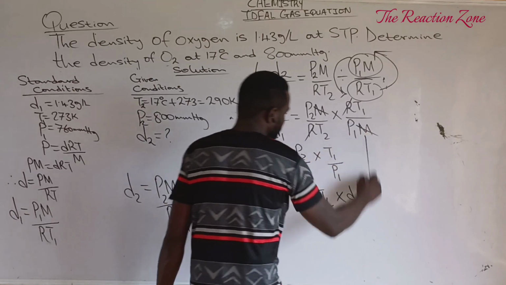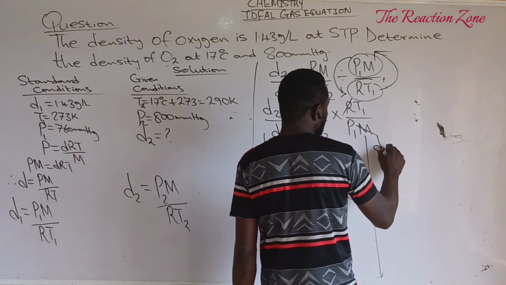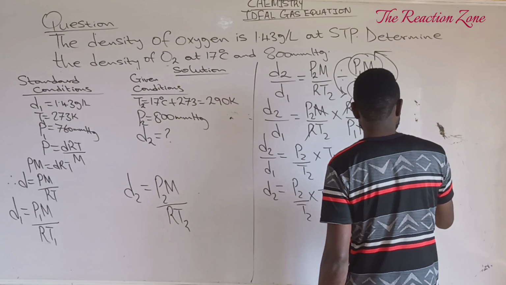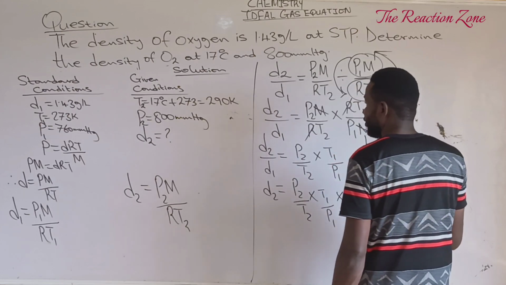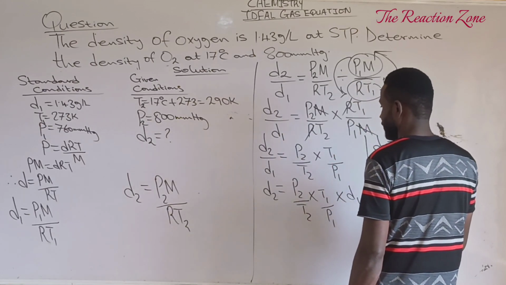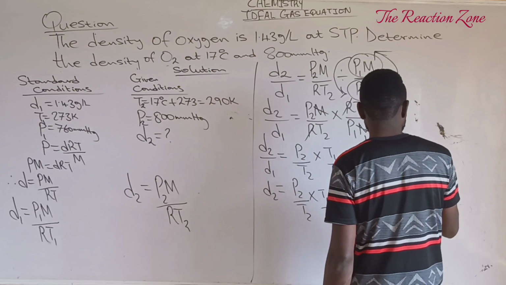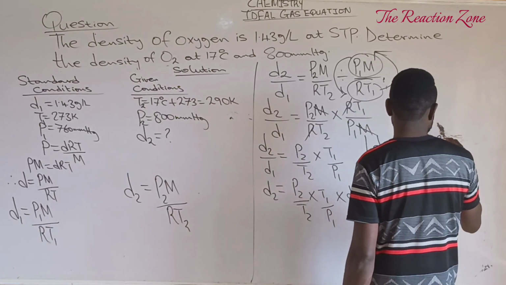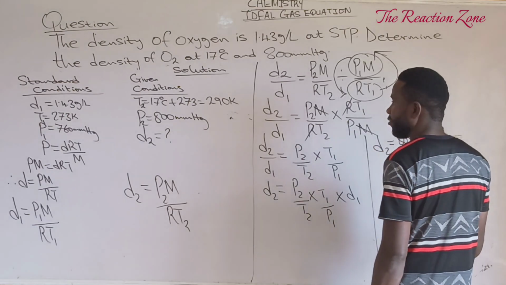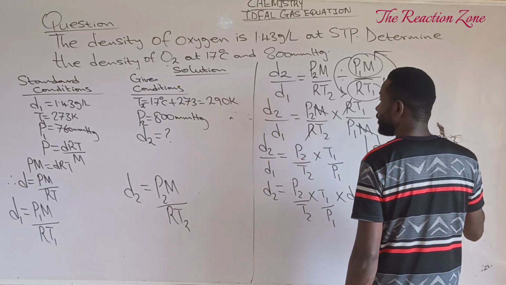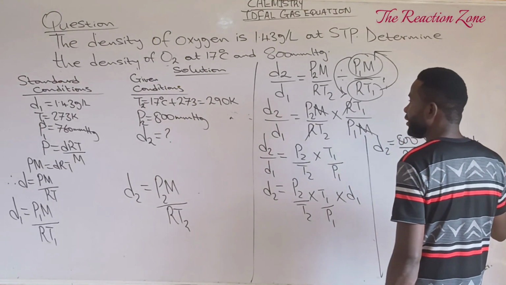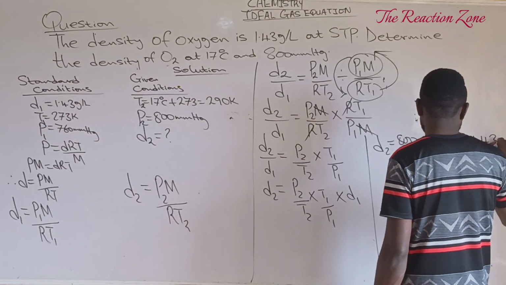So inputting all the parameters, what will we have? We will have D2, which is what we're looking for, equal to the value of P2, which is 800, the value of T2 is 290, the value of T1 is 273, the value of P1 is 760, and the value of D1 is 1.43.